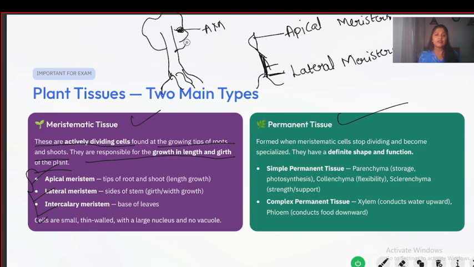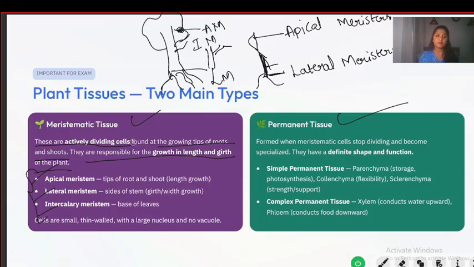In the sections where the branches are rising, where the nodes arise, there you will find the intercalary meristem, and in the beneath section, the bottom part, where it is very thick width-wise, there you will find the lateral meristem.